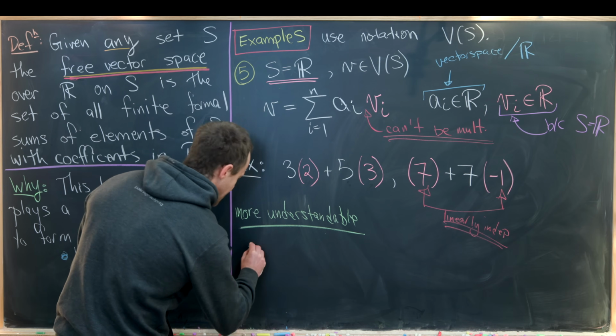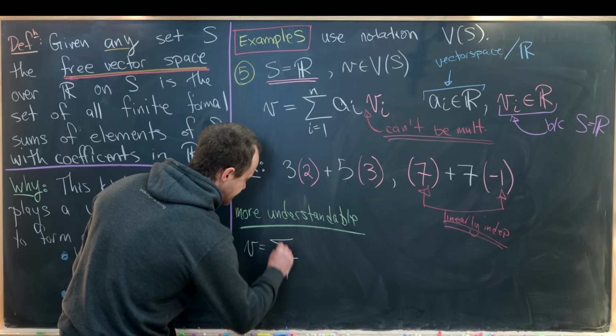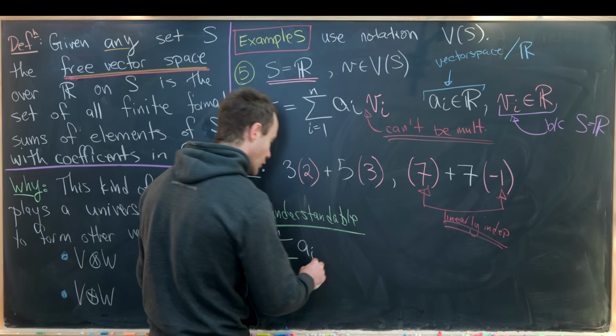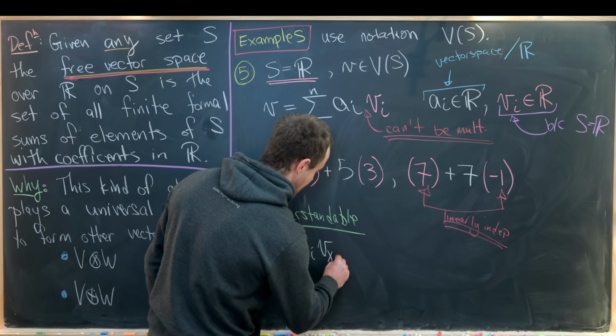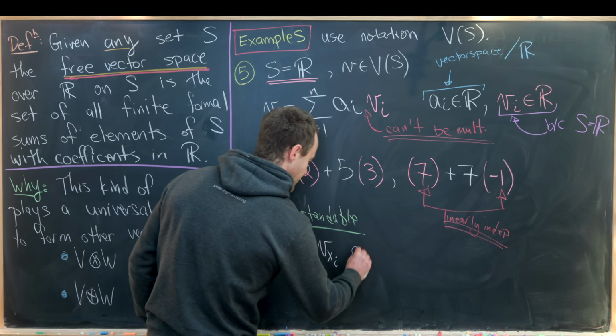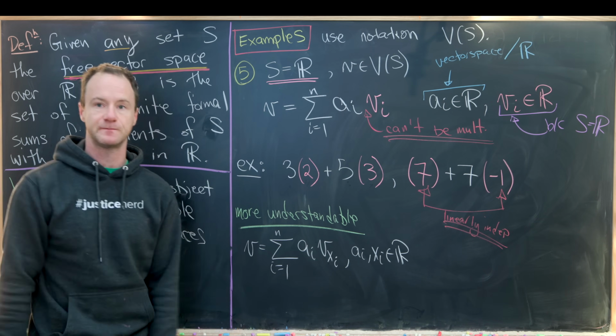So maybe we would say v equals the sum as i goes from 1 up to n of a_i, and now we'll write v_{x_i}. So we're subscripting this vector v with x_i. And here a_i and x_i are real numbers.